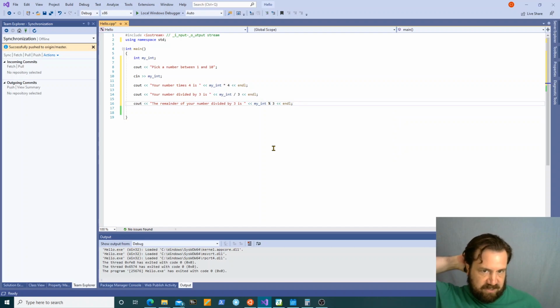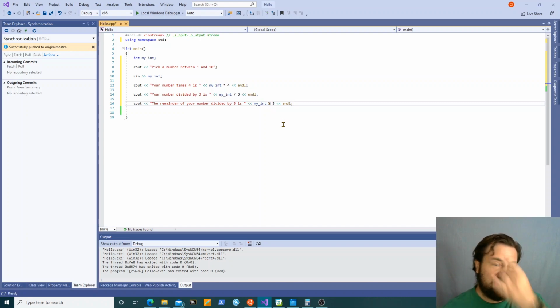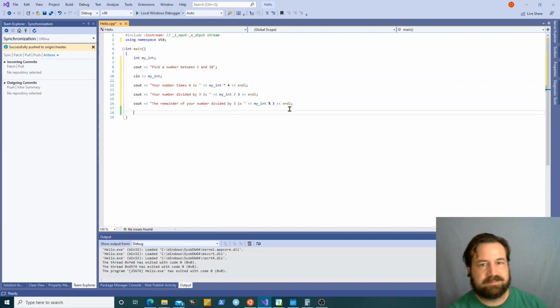So that's a special operator that C++ has, the C family languages, I should say. All of these mathematical operations work for any of the C family languages: C, C++, C#, Java, JavaScript. So maybe not as much with JavaScript. I'm not sure if it does integer math.